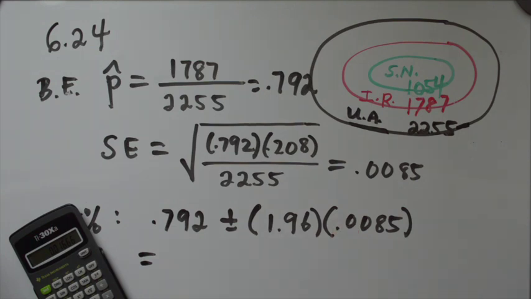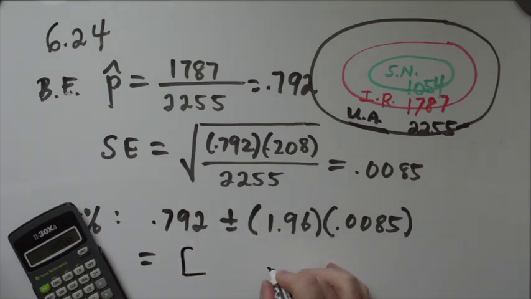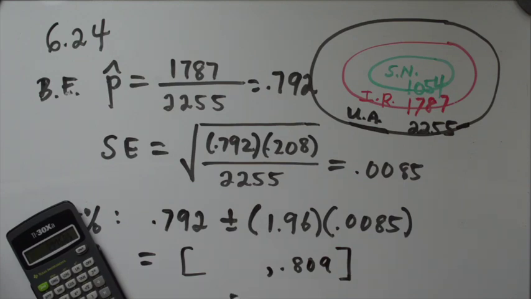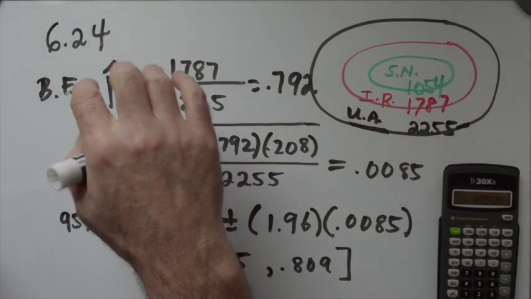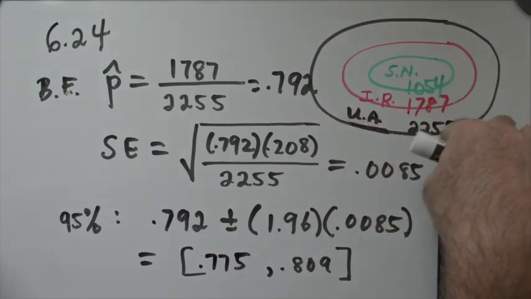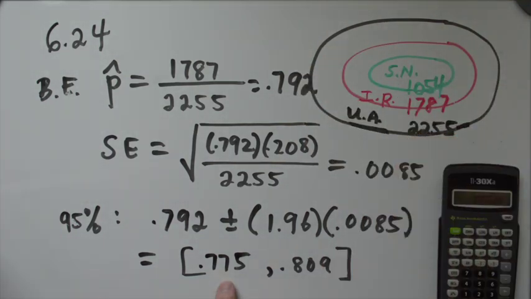So my right endpoint is 0.792 plus that, roughly 0.809, and my other endpoint is 0.792 minus that, which is 0.775. So we're 95% confident that the true proportion of internet users amongst U.S. adults is covered by this interval from 0.775 to 0.809. That's the solution to problem 1.